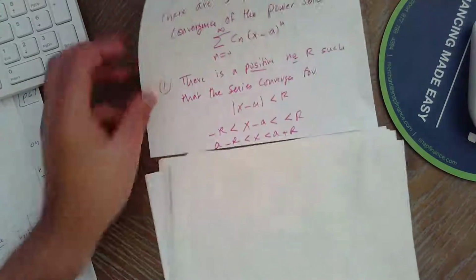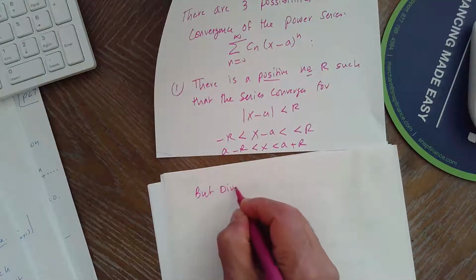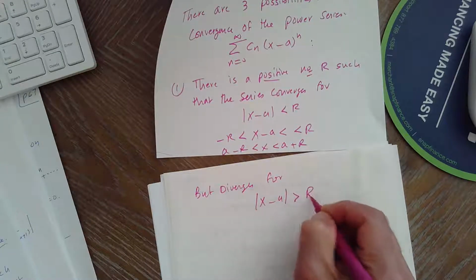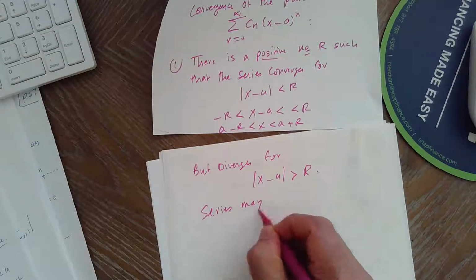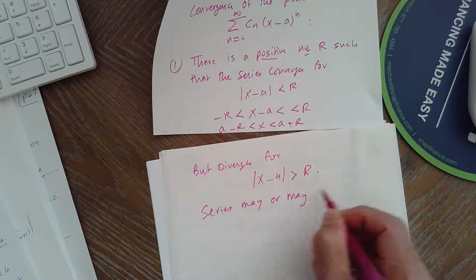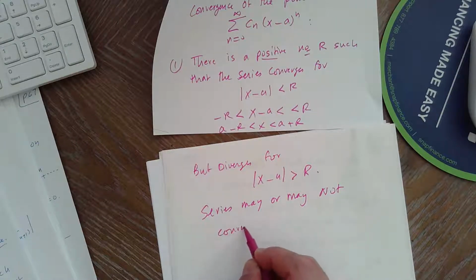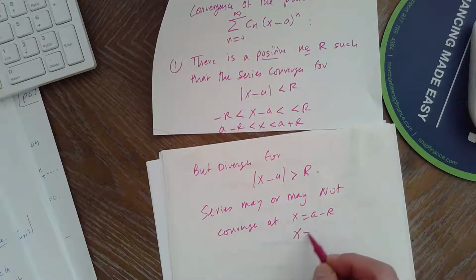but diverges for absolute value of x minus a greater than r. The series may or may not, we don't know, it doesn't have to be either or, converge at the endpoints x equals a minus r, x equals a plus r.